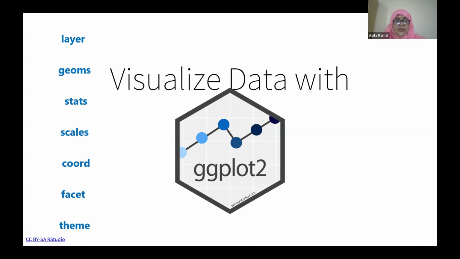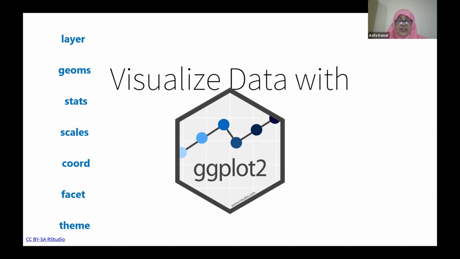We start the code with data and then add layers. The first layer is the geom. A layer is a collection of geometric elements, and it may also include statistical transformations.